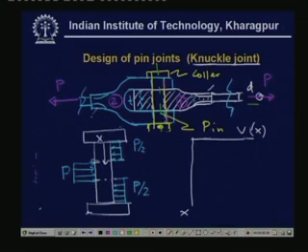So the shear force diagram will look like this: it starts increasing, reaches a maximum over here, and then it decreases. So this value is P by 2, and this value is P by 2.